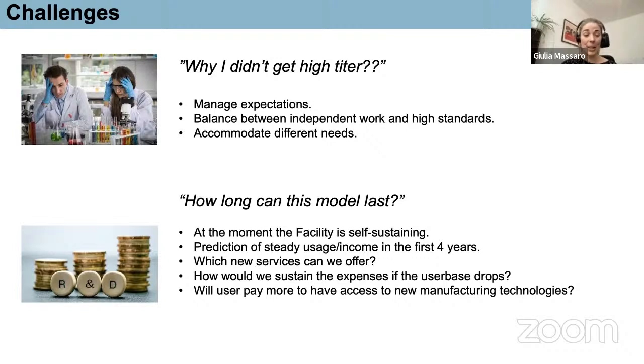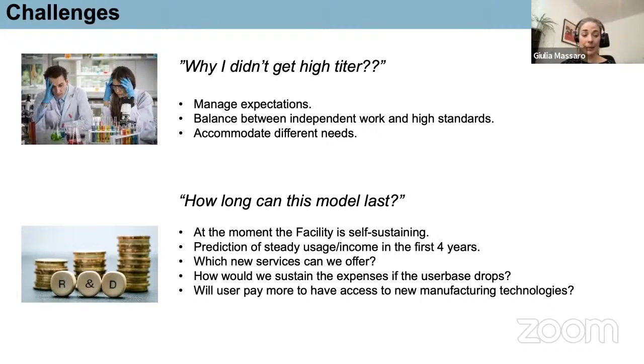Our prediction is that hopefully for the next couple of years, within the first 4 years of life of this facility, we will be in a stable trajectory, and we will be able to cover all the costs. But then, of course, we have to think about what if the user base drops for whichever reason, what we're going to do, how we can sustain the expenses.